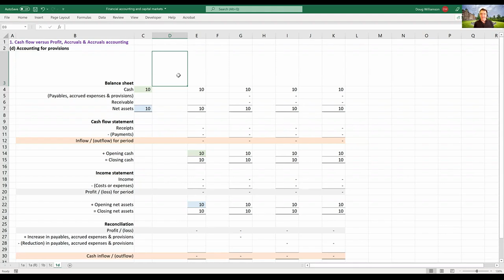So let us assume a provision. So recognizing a provision, let's say it's for this legal case. Recognizing a provision. We've done some excellent work. We're a superb repair firm.